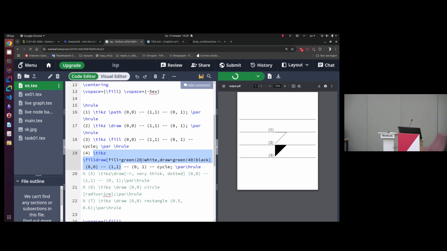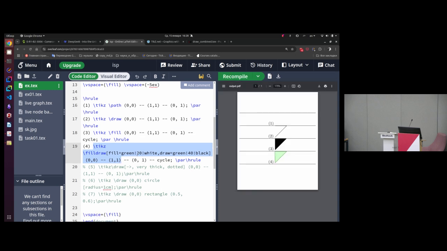Okay, in number 4, we have more specification about which color we want this triangle to be. So we use the command fill draw. After this command, in square brackets, we usually give some options to LaTeX, and in TeX, in square brackets, we also give options. What we want from this figure. We want to fill this path with the color. The color is defined in the way that Anton showed you yesterday, but I will repeat.